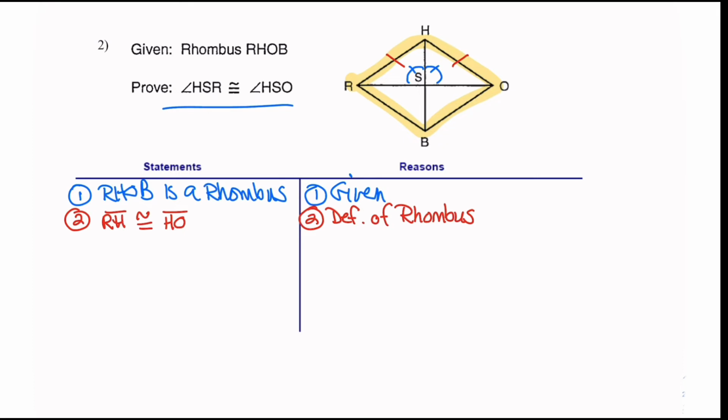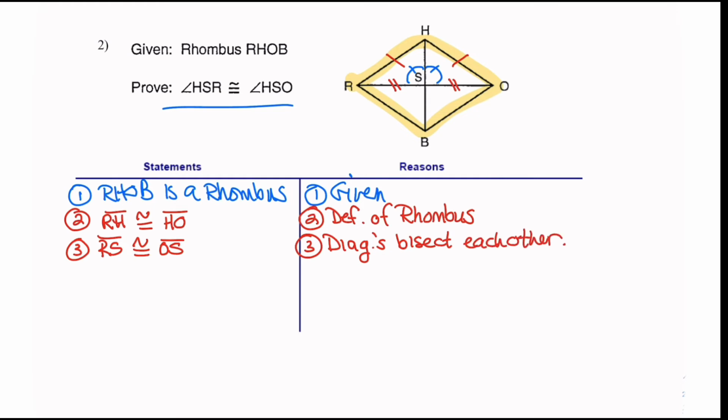Okay, and we can also say that RS is congruent to OS because diagonals bisect each other. So that would make congruent pieces. So since we know that this is a rhombus, it's also a parallelogram, which means the diagonals bisect each other.